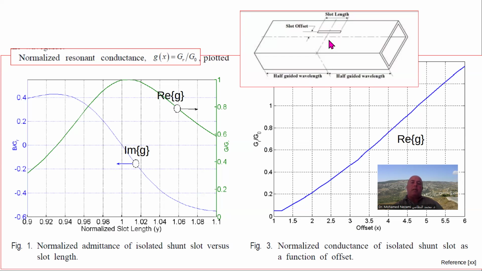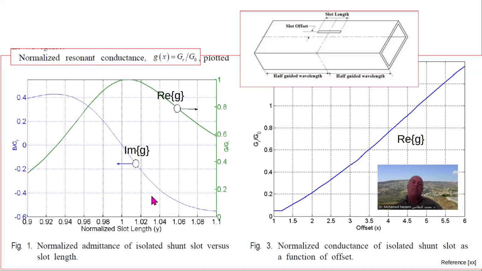You can see that if you sweep the length of this slot, somewhere at resonance, and monitor the conductances or the input impedance or susceptance, you end up with this kind of behavior, where it will resonate exactly when it's half a wavelength, okay?